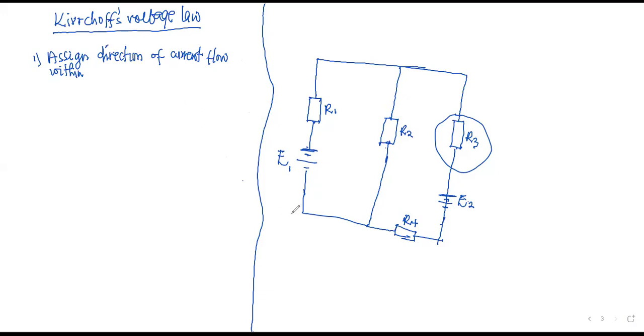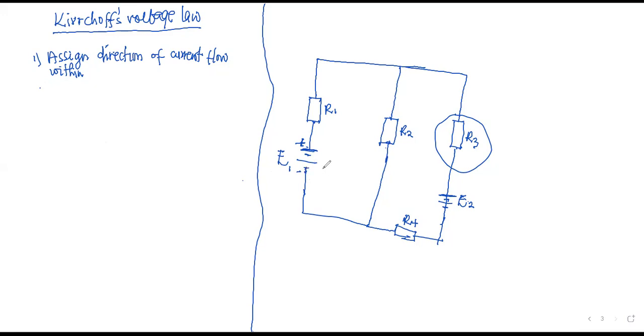In doing that, how do I go about it? Conventionally, current flows from positive to negative, and electrons flow from negative to positive. So I will always want to follow the conventional directional flow of current once I have that opportunity to assign direction.